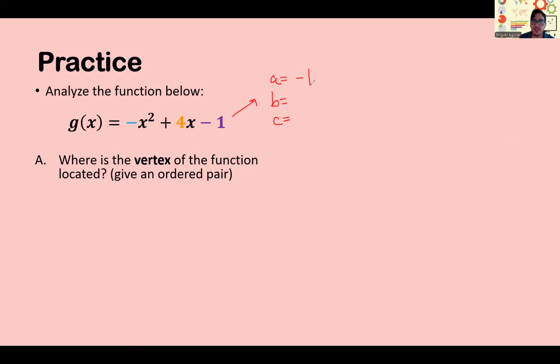What's B? 4. What is C? -1. When you're finding the vertex and your equation's in standard form, you just learned the formula. I'm going to put it on the screen. The formula to find H is negative B over 2A.